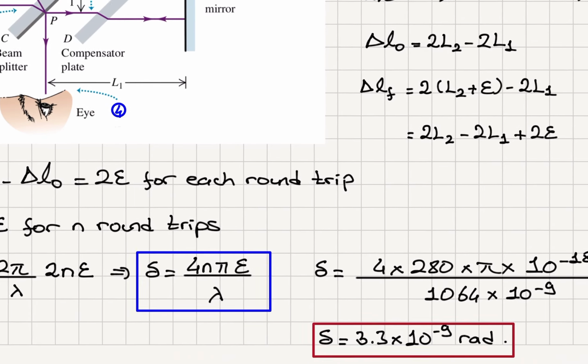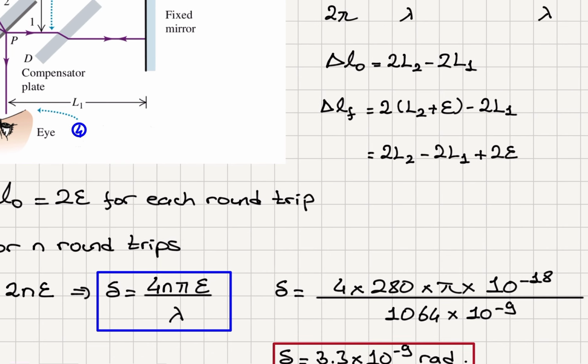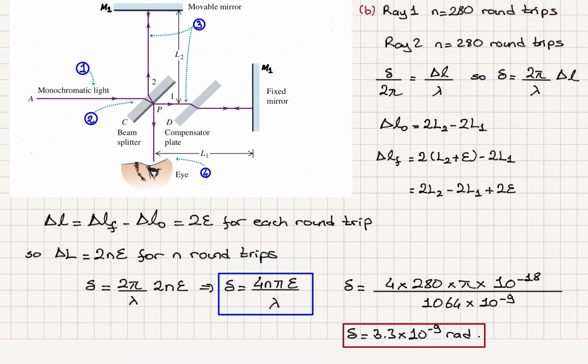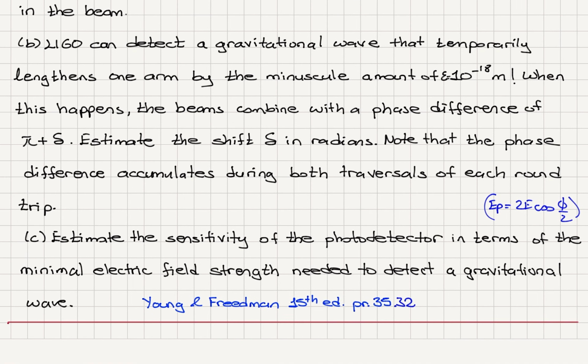So instead of having a destructive interference, we're going to now have a phase difference other than pi. It's going to be pi plus delta, where delta is 3.3 times 10 to minus 9 radians. So we're trying to detect the presence of gravitational waves, if the gravitational wave temporarily lengthens one arm by a minuscule amount, 10 to minus 18 meters.